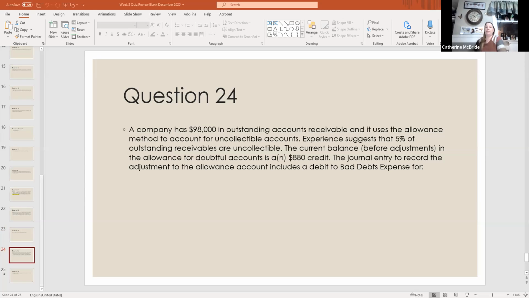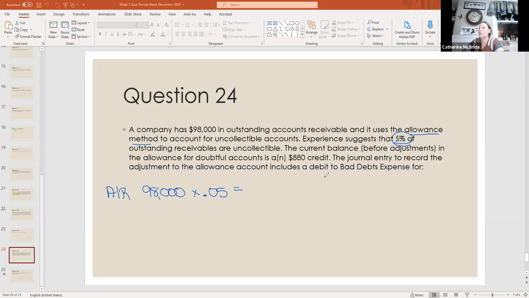A company has 98,000 outstanding in accounts receivable, and it uses the allowance method to account for uncollectible accounts. Experience suggests that 5% of outstanding receivables will be uncollectible. So we're looking at everything, so we're going to adjust.